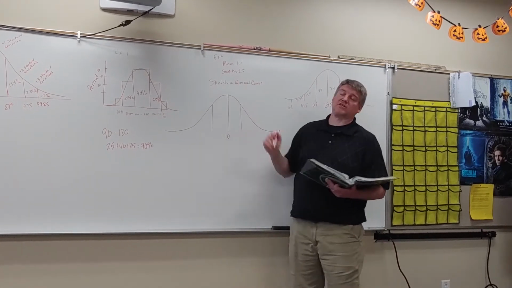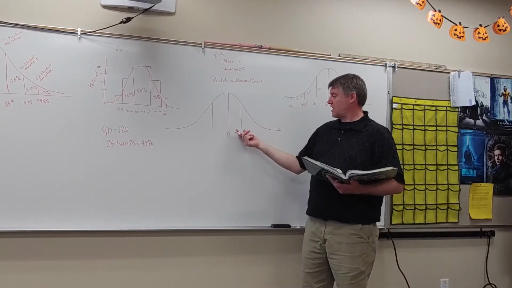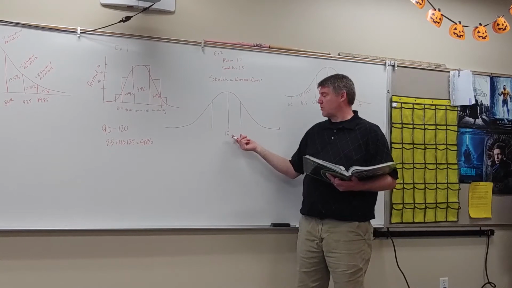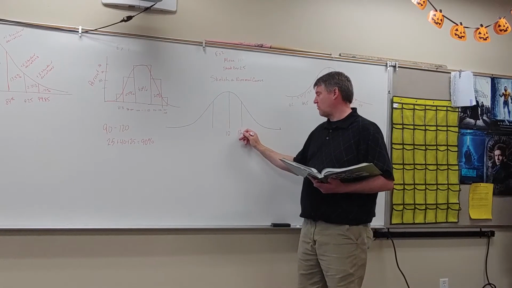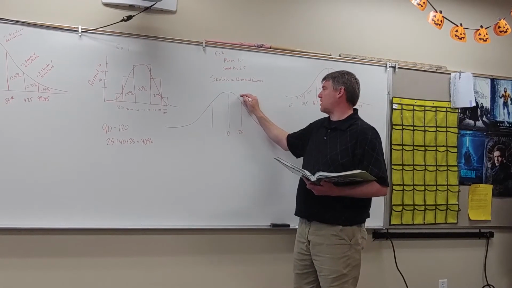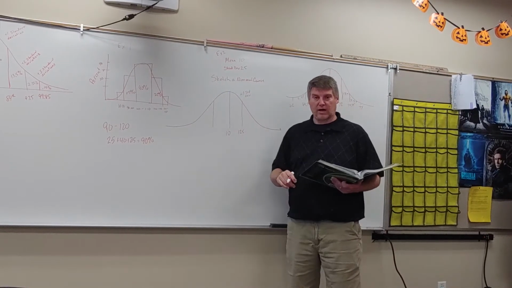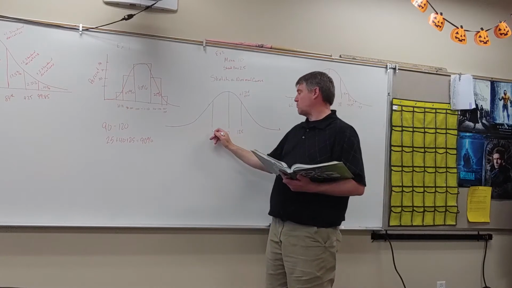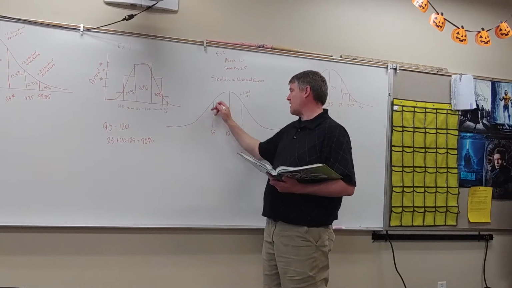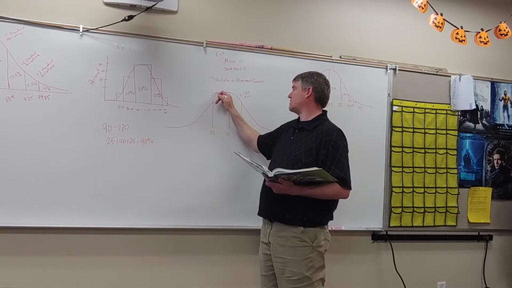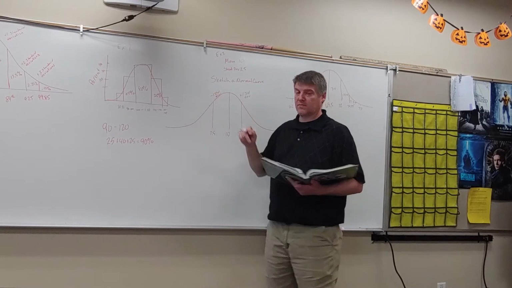My standard deviation is 2.5, so I add 2.5 to 10, which gives me 12.5. This is plus 1 standard deviation. Or minus 2.5, which is 7.5, minus 1 standard deviation.